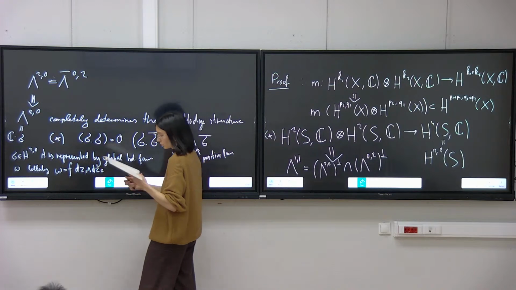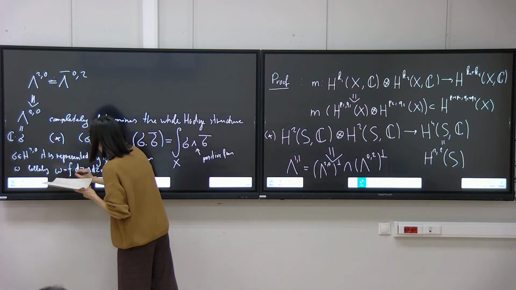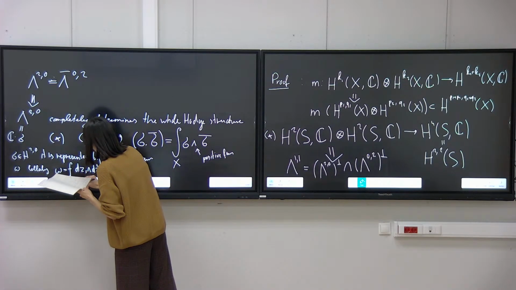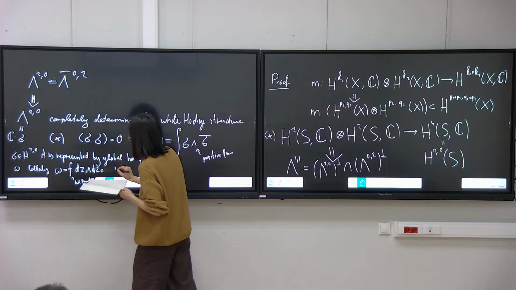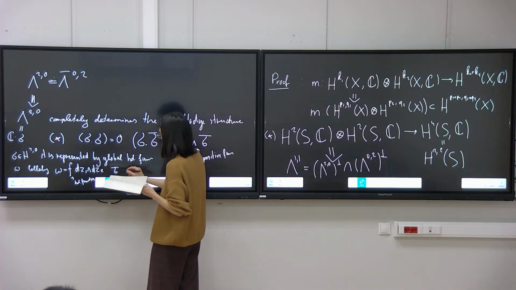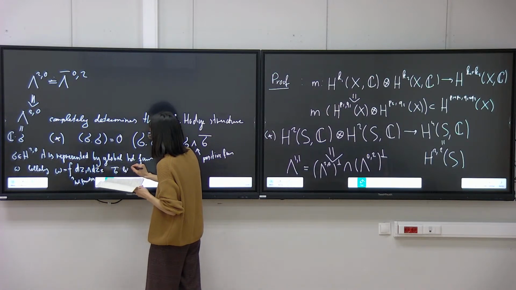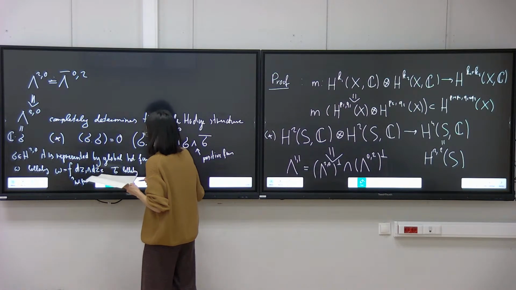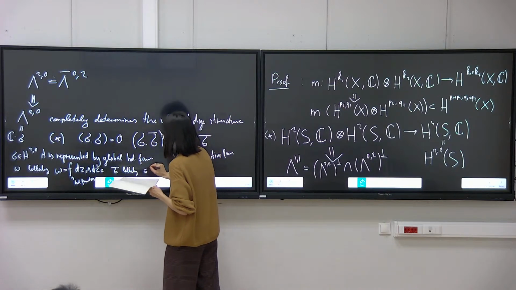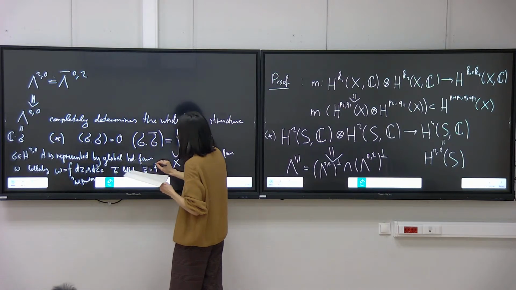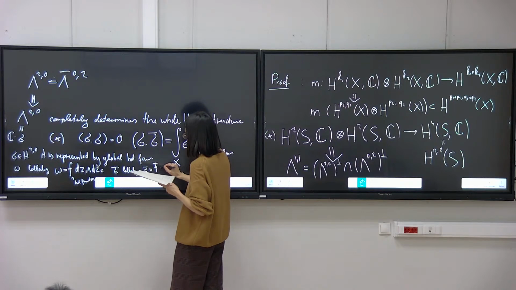Locally we can write it in such a way. Then omega conjugated locally is what? This is a conjugated holomorphic form.